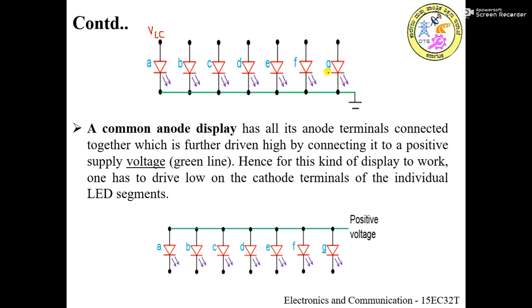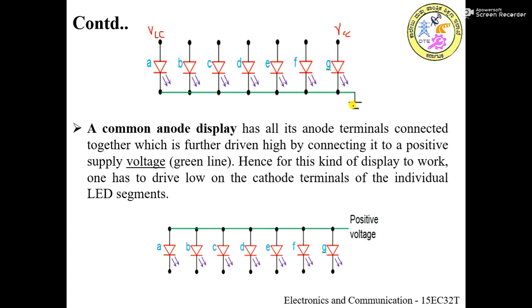The remaining LEDs will not turn on, only the first LED turns on. Let's say I want to light up the last LED, then only the anode terminal of this LED is connected to VCC. So here the programmer need not bother about the cathode terminals because internally the cathode terminals of all LEDs will be connected to ground.